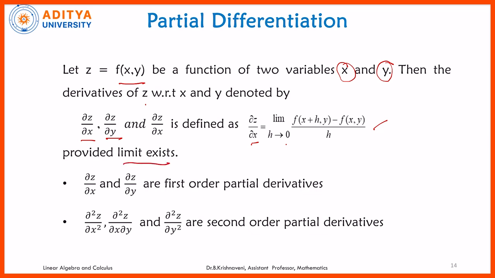So, this gives the definition of partial differentiation. Now, here dou z by dou x and dou z by dou y are called first order partial derivatives, and dou square z by dou x square, dou square z by dou x dou y, and dou square z by dou y square are called second order partial derivatives.